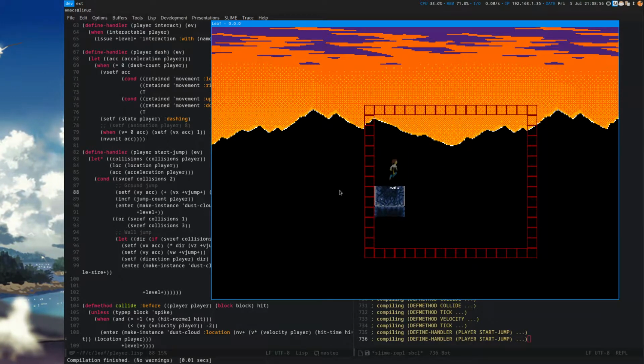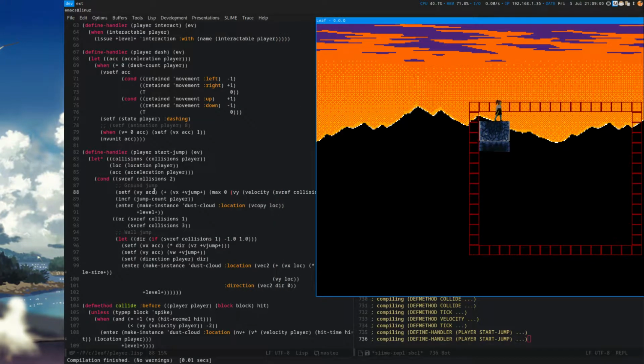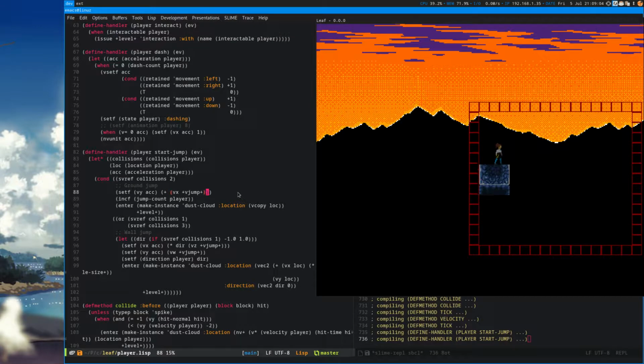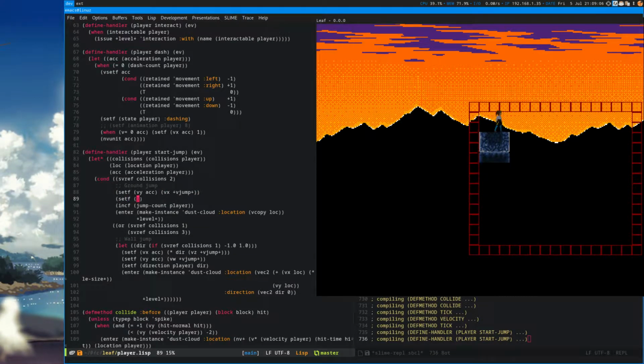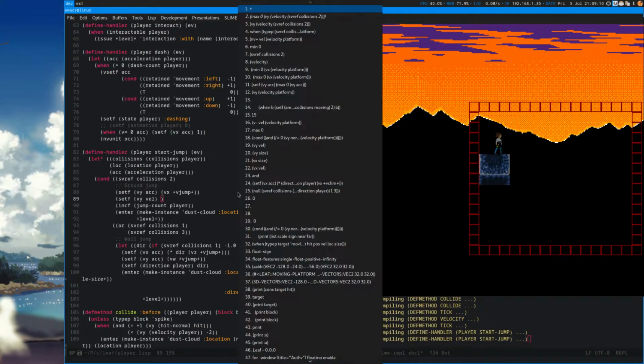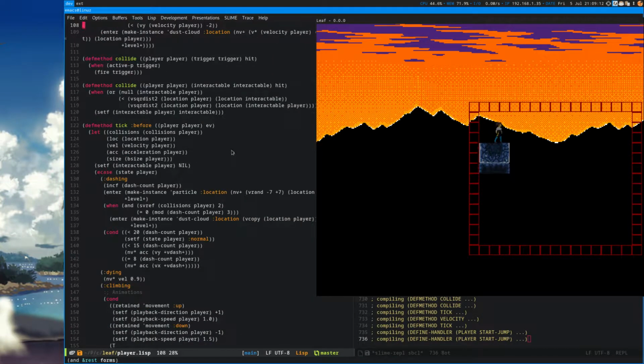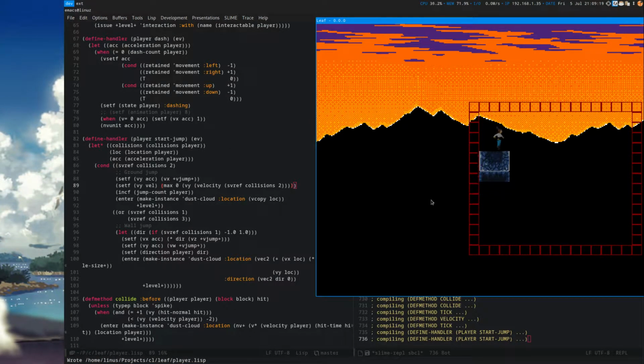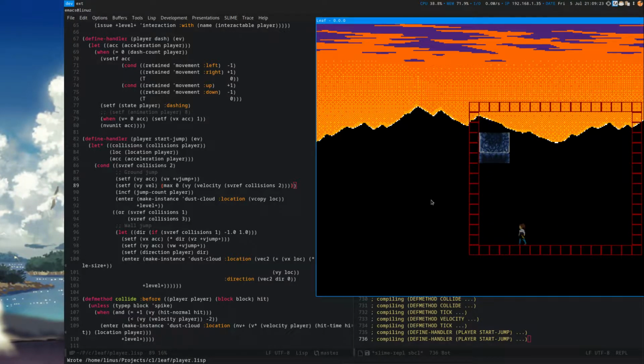So that's a bit crazy. High jumps. Whoa. It's a bit crazy because the current way the hops and jumps work is that it elongates your jump arc if you keep it pressed.